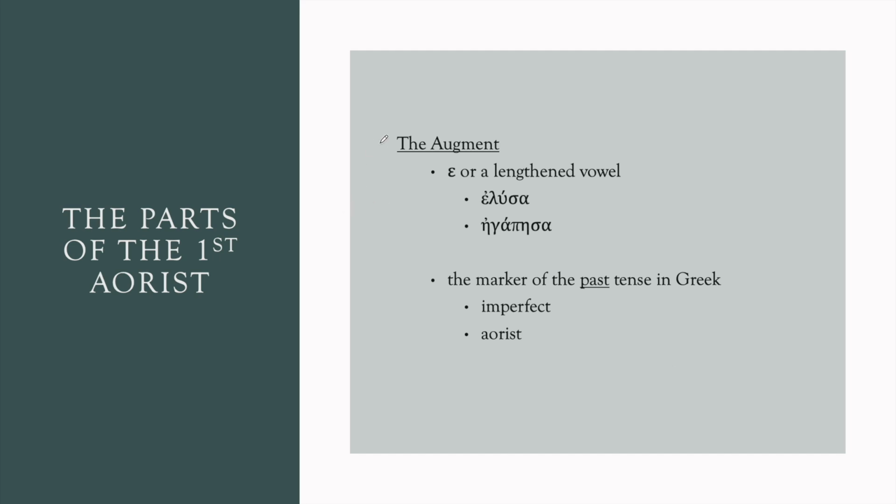So again, noting the augment, again, it's an epsilon or a lengthened vowel. So luo, epsilon in front. Agapao, alpha lengthens to an eta.